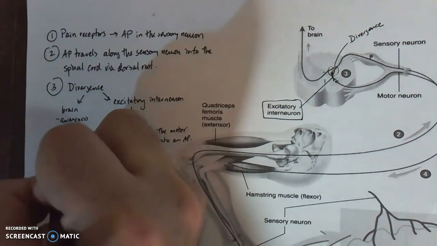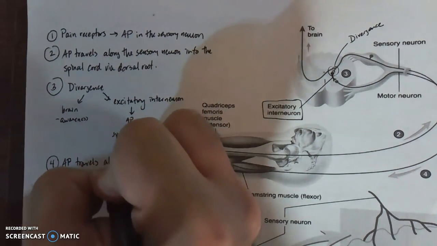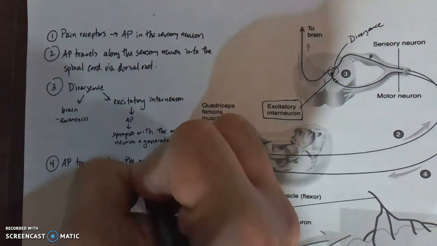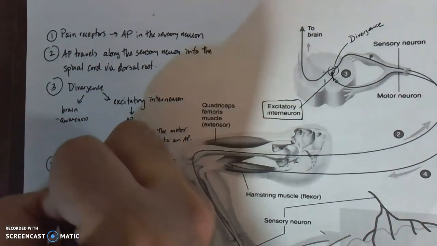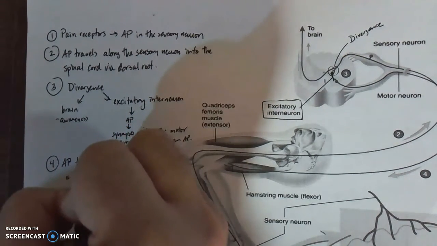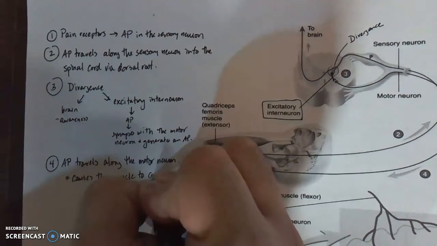That action potential travels along the motor neuron and causes the muscle to contract.